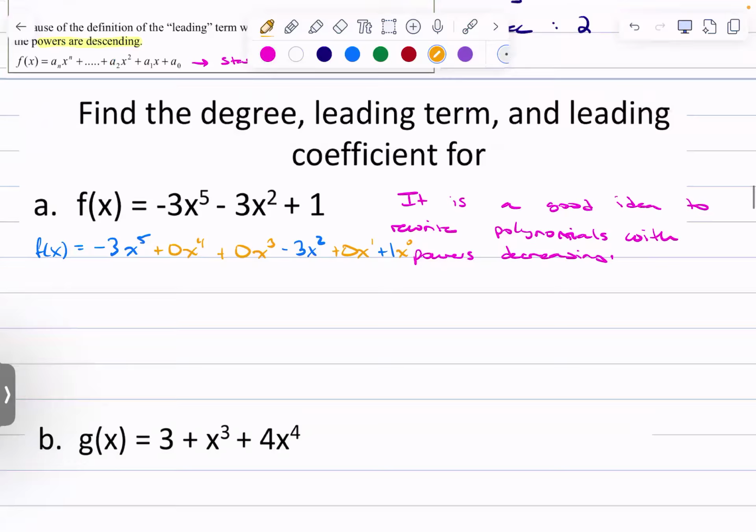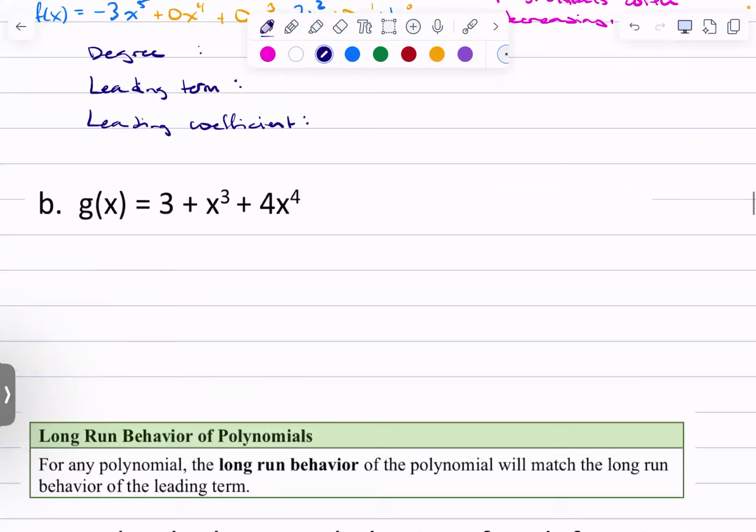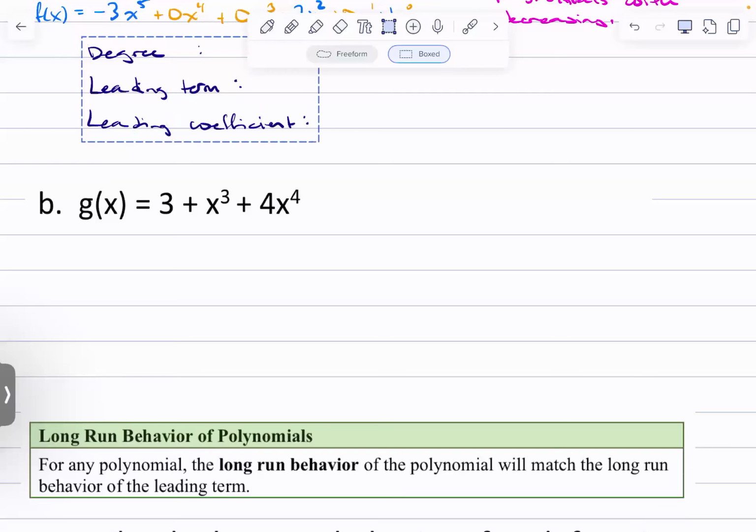We wanted to find the degree, the leading term, and the leading coefficient. And I'm just going to copy that here.